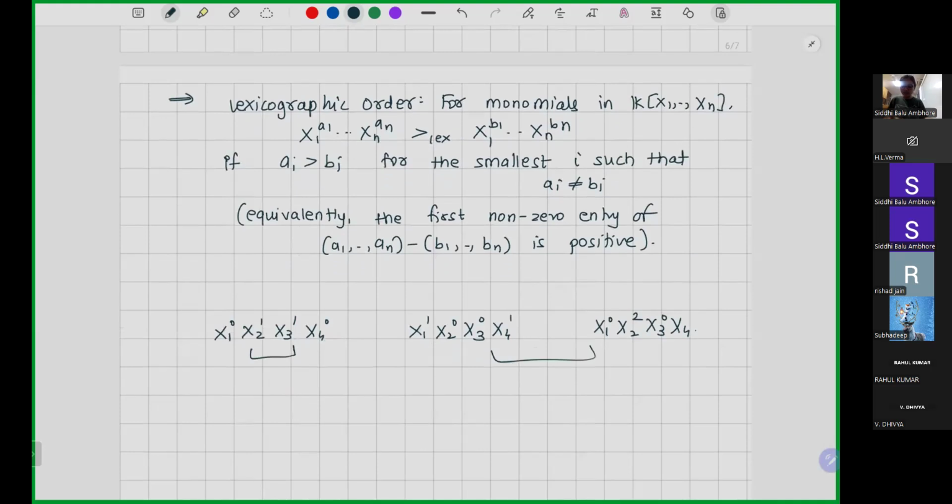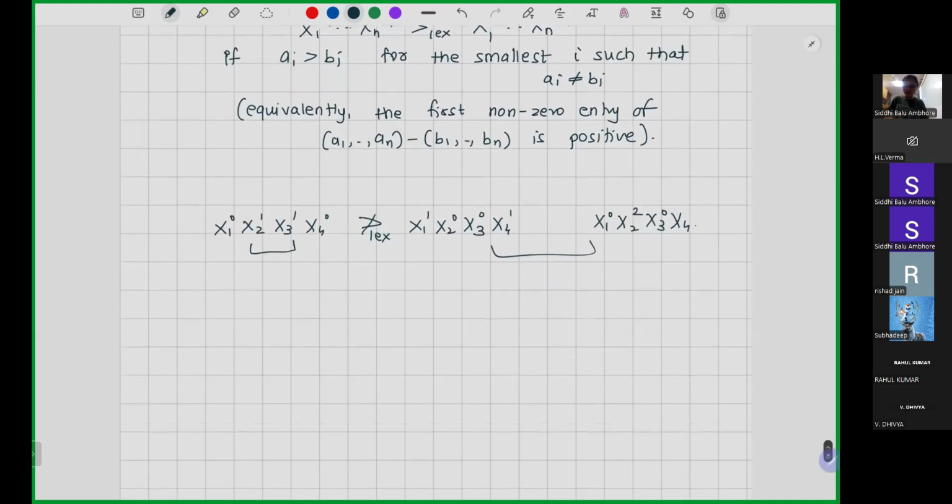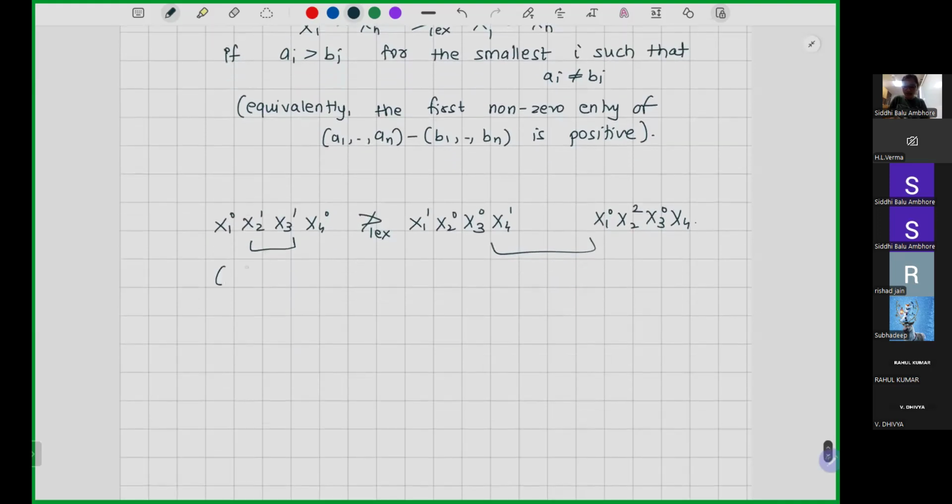But if you compare these two, this is definitely not smaller than this one, because if I write this as 1 0 0 1 and subtract, it is minus 1, 1, 1, minus 1. So the first non-zero entry is negative.